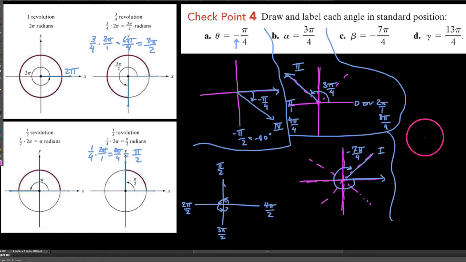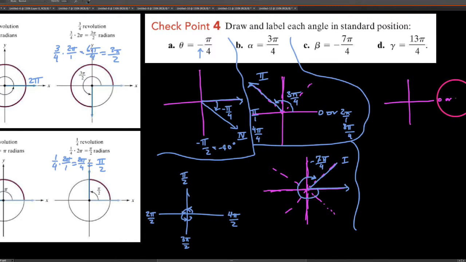And then last but not least, our 13 pi fourths. This is an interesting one. In terms of interpreting this in pi fourths, this is 0 or 2 pi, and this is pi. Let's convert these into fourths. So we have 4 pi fourths here, and here we have 8 pi fourths. And so we end up with a total rotation of 8 pi fourths in a counterclockwise fashion.